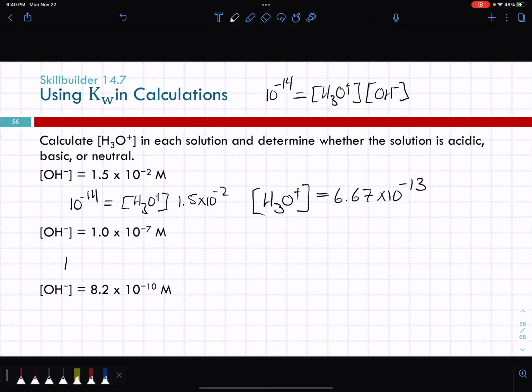It's the same thing for all of these. So 10 to the minus 14 equals H3O plus times our OH minus concentration, which is 1.0 times 10 to the negative 7. So this will be 10 to the minus 14 divided by 10 to the minus 7, which is 1.0 times 10 to the minus 7.